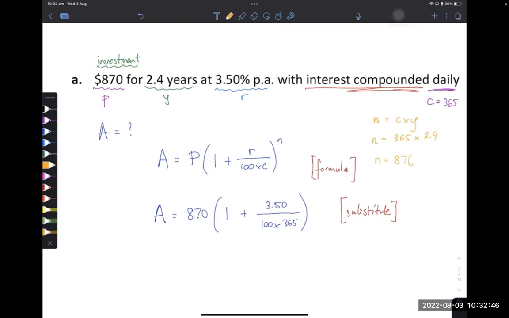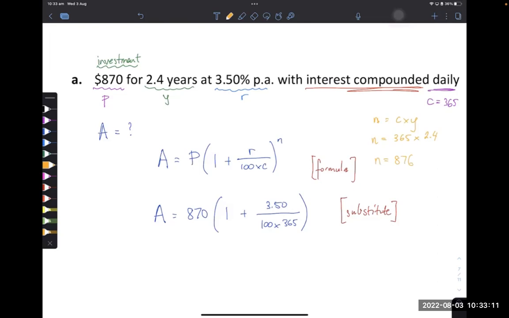So what does this mean? This 876 here means that you compound or you snowball 876 times over the course of 2.4 years. So how many days are there in a year?